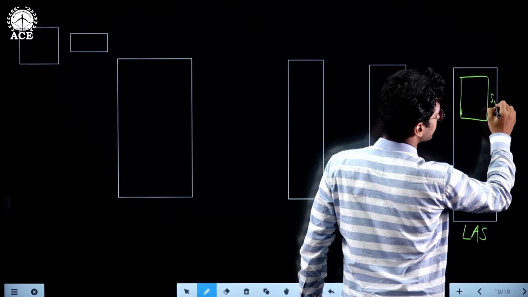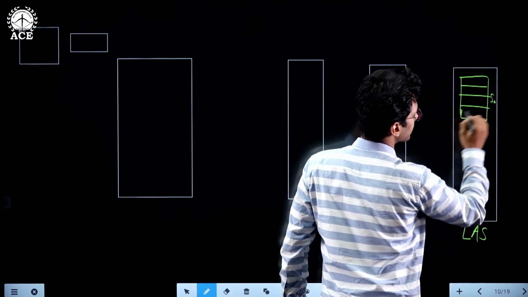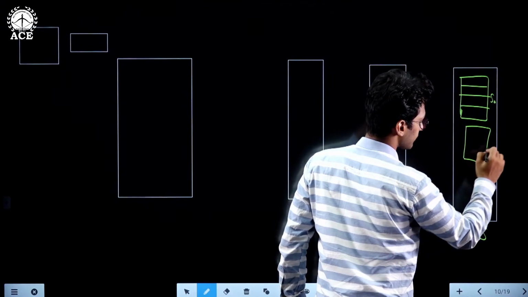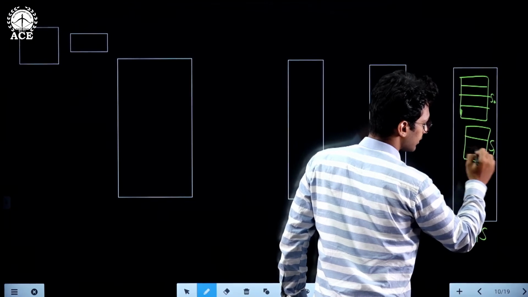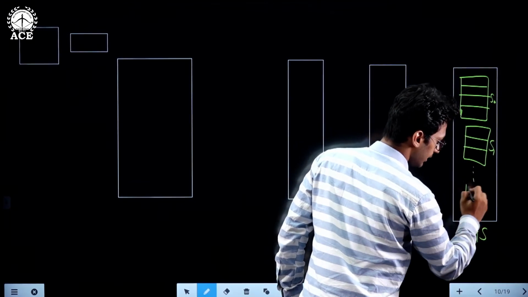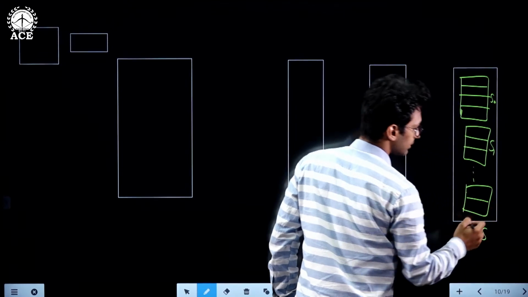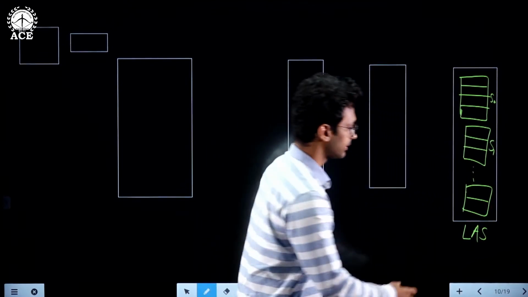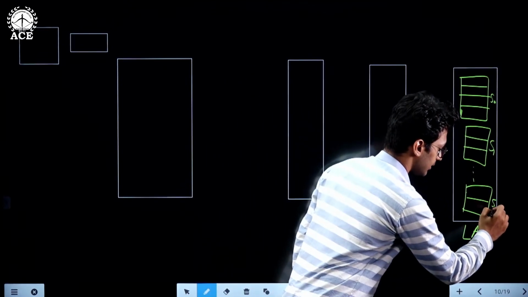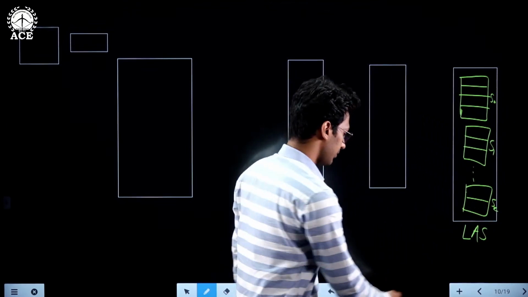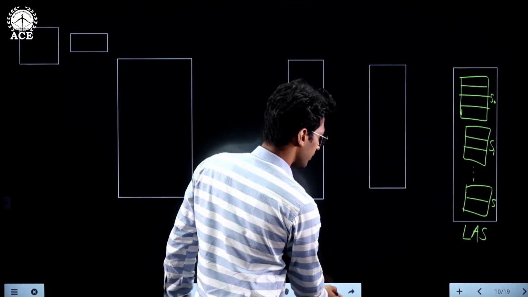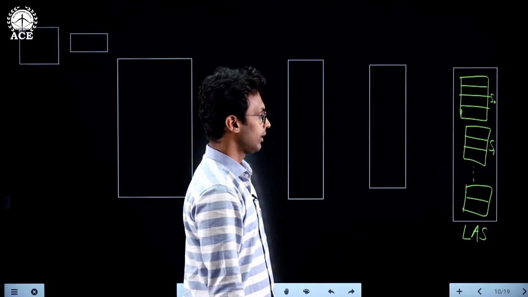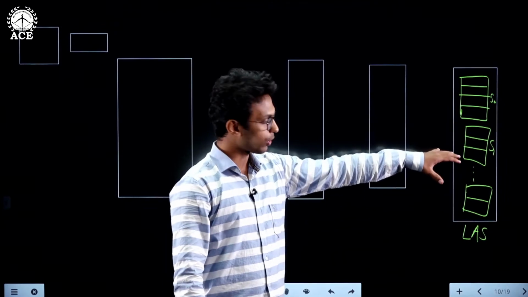Segment 0, segments will be further divided into pages. Segment 1, segments will be further divided into pages. Something like this. All these are segments. Now, these pages will be brought from LAS to PAS.